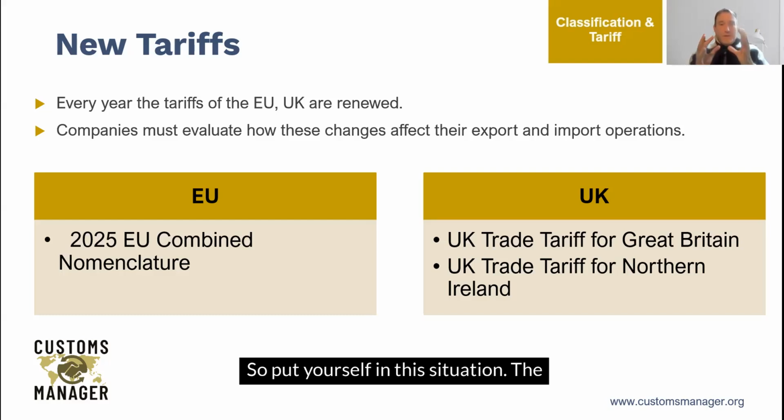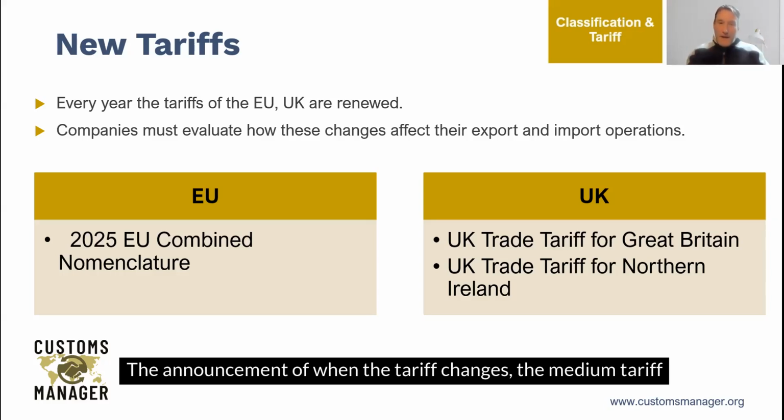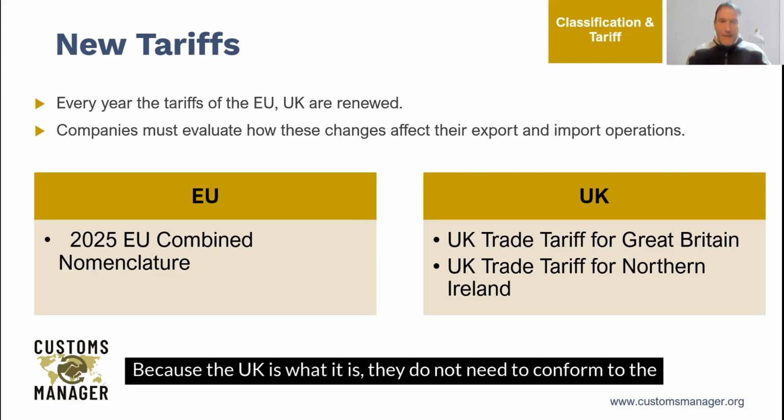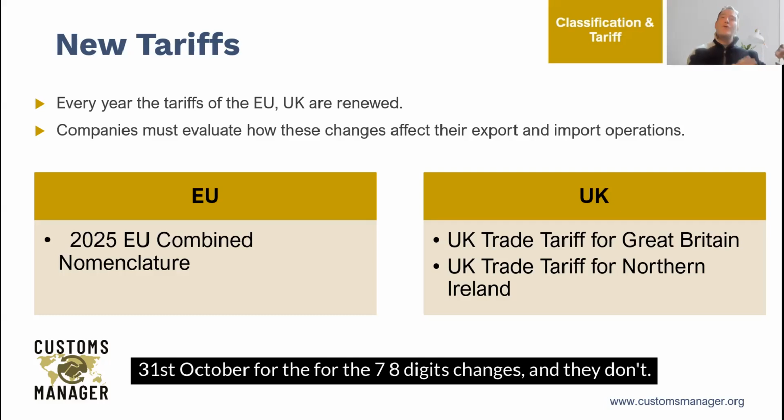So put yourself in this situation. The tariff changes at the end of the year. The announcement of when the tariff changes occur happens on the 31st of October in the EU. Because the UK is what it is, they do not need to conform to the 31st of October for the 7 and 8 digits changes. And they don't.